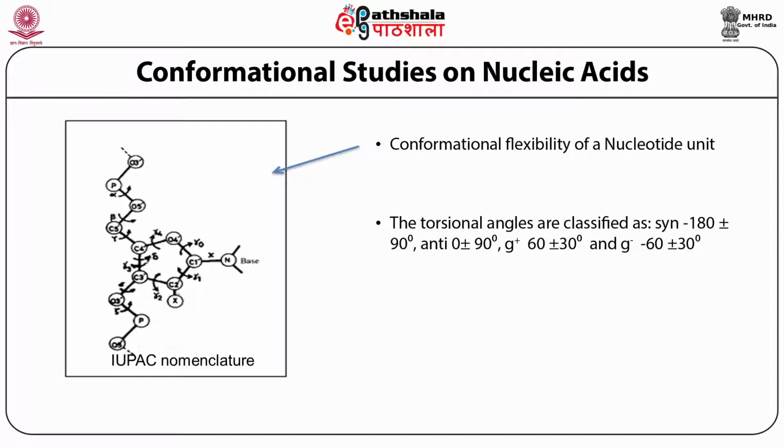So alpha, beta, gamma, delta, epsilon, zeta. In the case of sugar rings, the rotations are described as nu0, nu1, nu2, nu3, nu4.